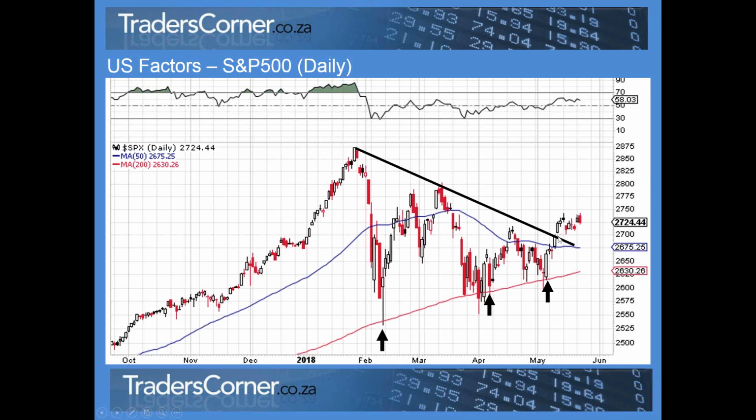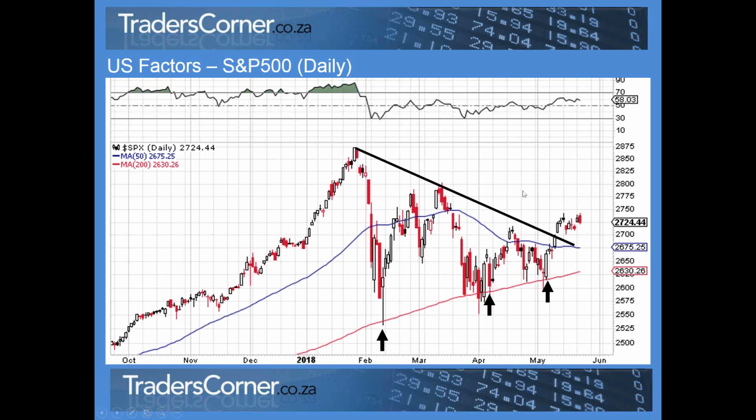There was a small gap as the market broke out through the triangular structure at about 2700, and so far that 2700 level has been retested, the gap has been filled, and the market has moved up off there again. So for the time being, while above 2700, you've got to remain bullish on this chart structure and see the potential for a bit more upside.